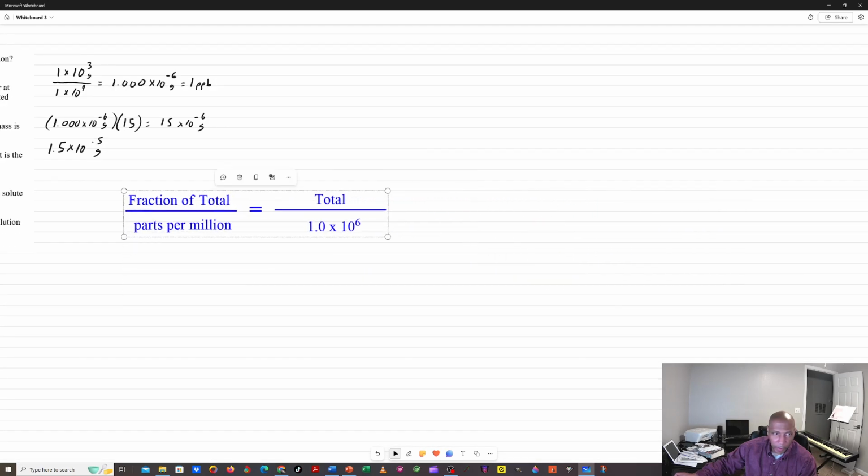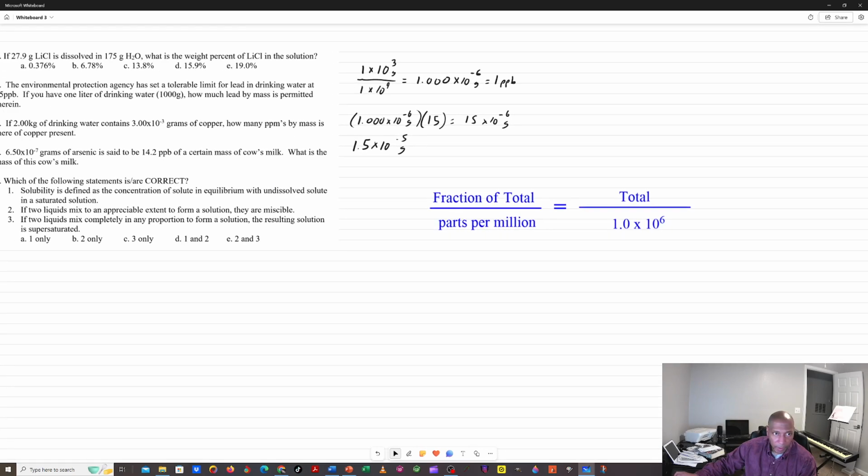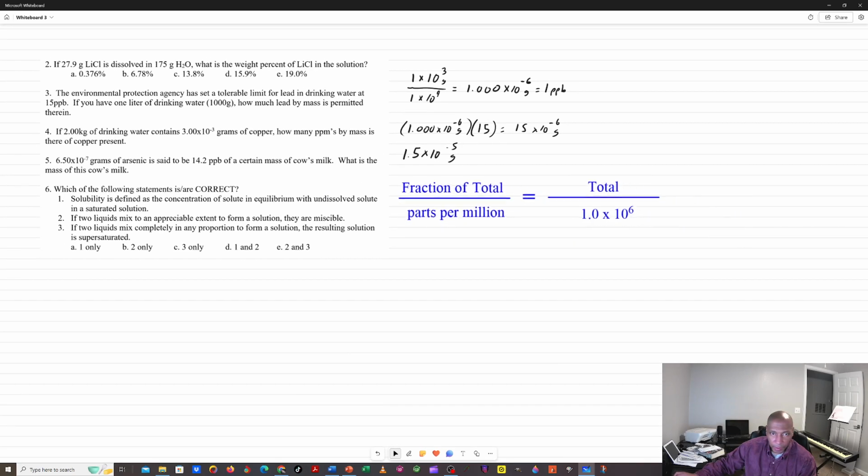So I'll pull that up. Now, since this is a parts per billion problem, I'm going to put parts per billion right here. And then, of course, since a billion is 1 times 10 to the 9, I'll put 1 times 10 to the 9 right there.